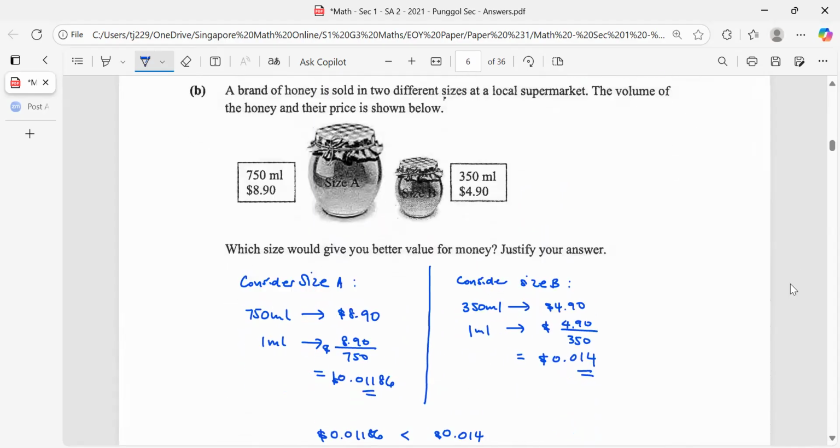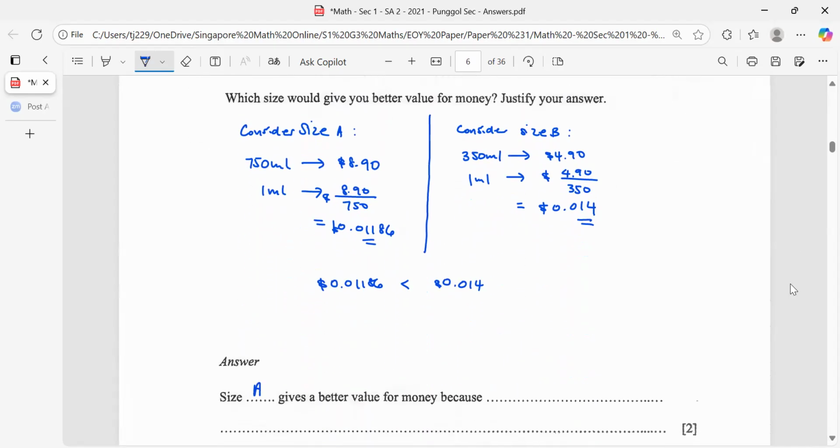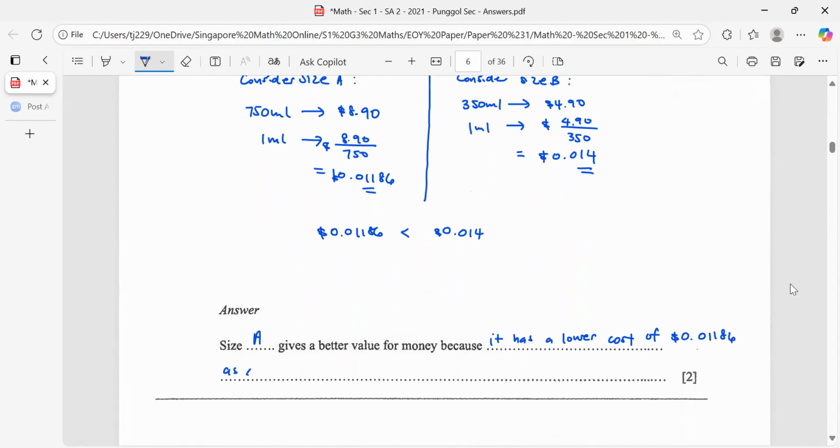So size A gives a better value for money because it has a lower cost of 0.01186 as compared to size B, 0.014 for 1 milliliter of honey.